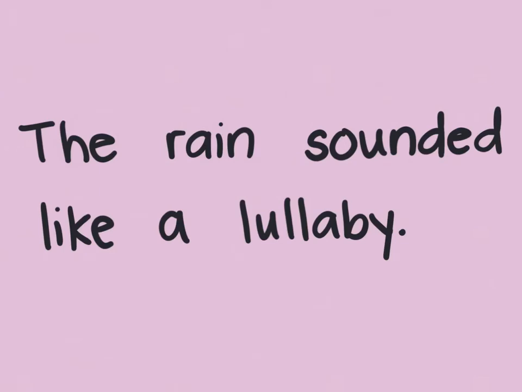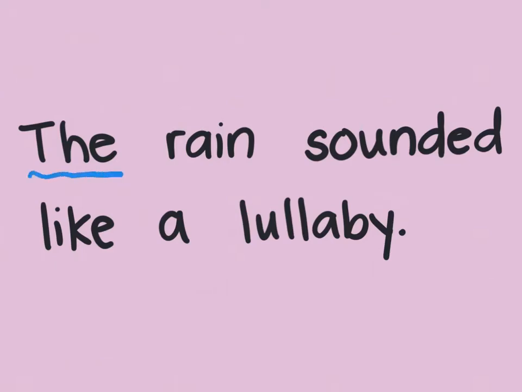Let's find our subject and predicate again. This sentence reads, the rain sounded like a lullaby. Now, this one's different. In our past sentences, it always had a person as our subject. Now we have a thing as our subject. What's this sentence about? That's right.